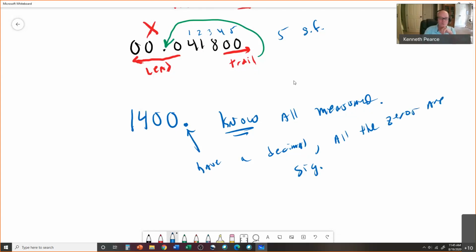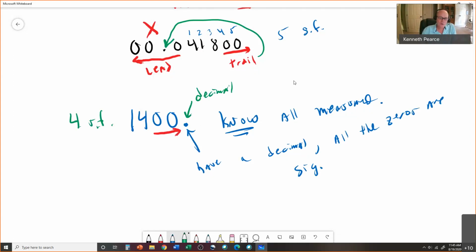And why is that? Well, if you add that zero in, what do you have here? You have trailing zeros with a decimal. And so that would be one signal to tell us that we have 4 significant figures. That's one way.